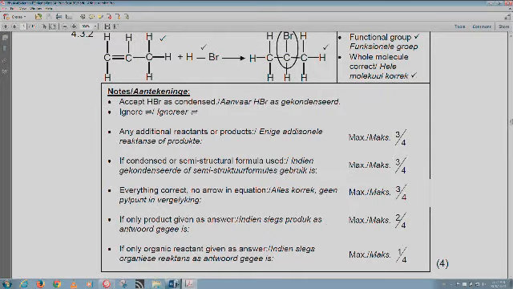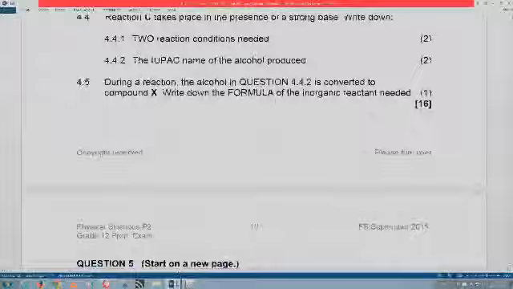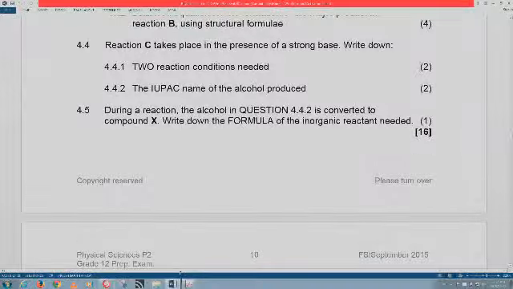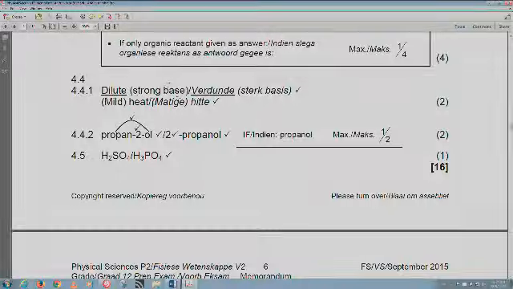And then question 4.4. Reaction C takes place in the presence of a strong base. Write down 2 reaction conditions needed for 2 marks. Now the reaction conditions needed, the learner must say that the strong base is dilute. So the word dilute is important.